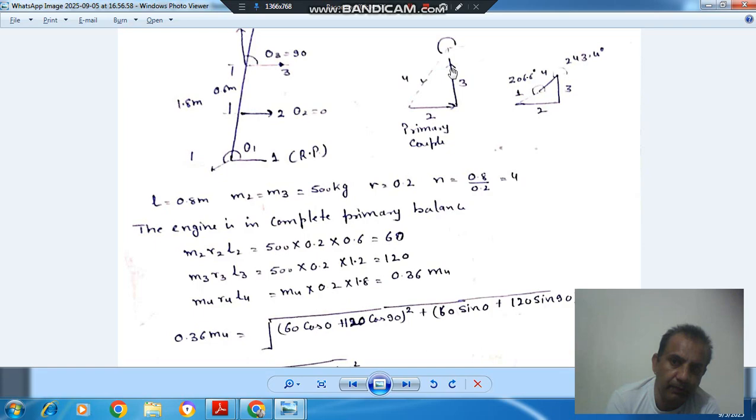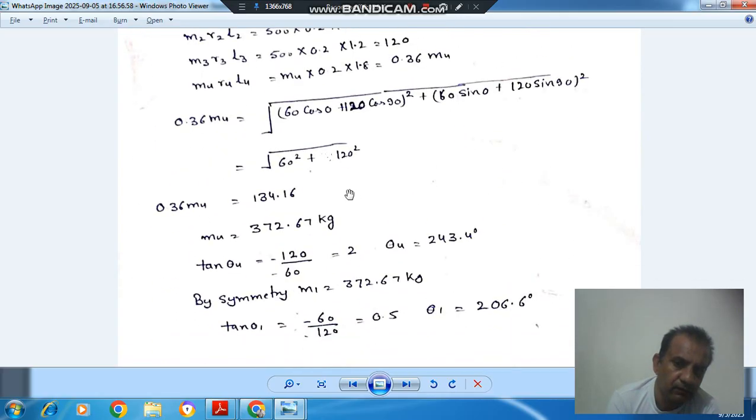To find out this angle, we will take this as minus 120 and this as minus 60, and find out this angle. This is on this side and this is up, so both will be taken negative. Or we find out this angle and subtract it from 360, which gives 243.4 degrees.